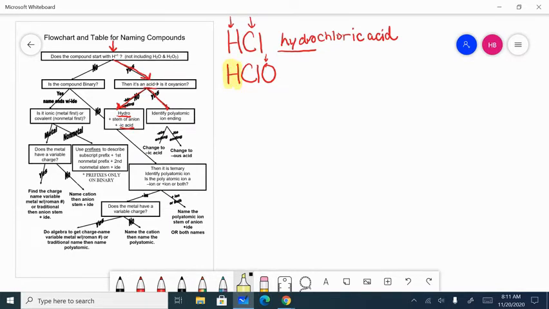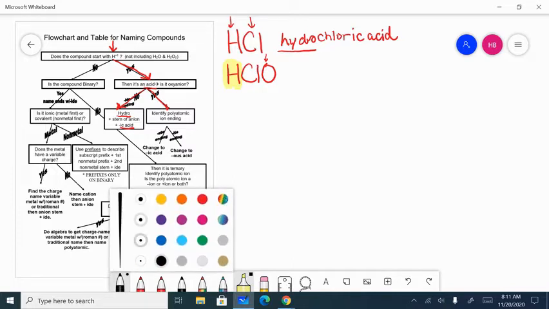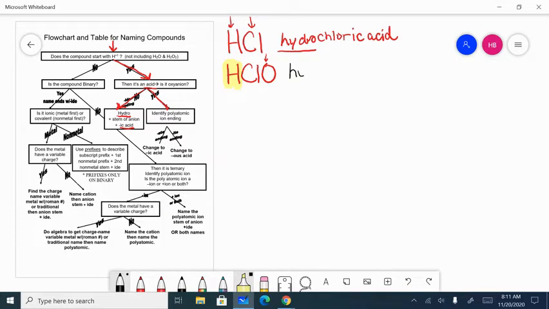And the rest of it, so once you cover up all the H's, the rest of it is going to be your polyatomic ion. So we're going to look up ClO, or we can recognize that this is the least amount of oxygen we can have. So the polyatomic ion here is hypochlorite.